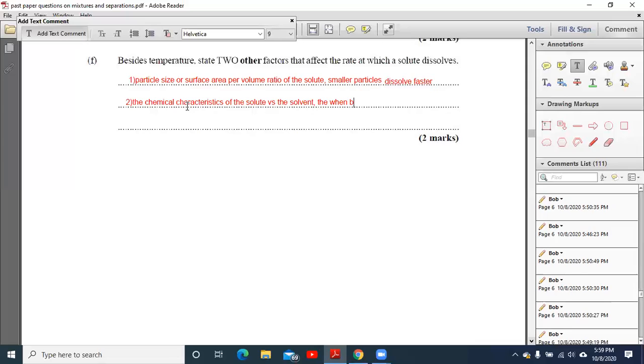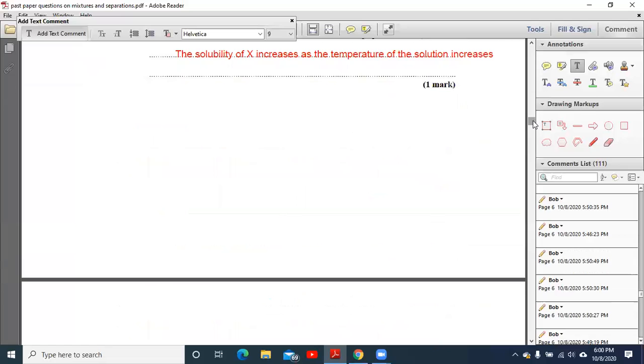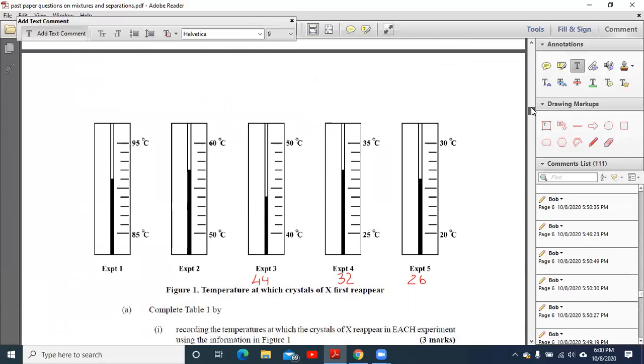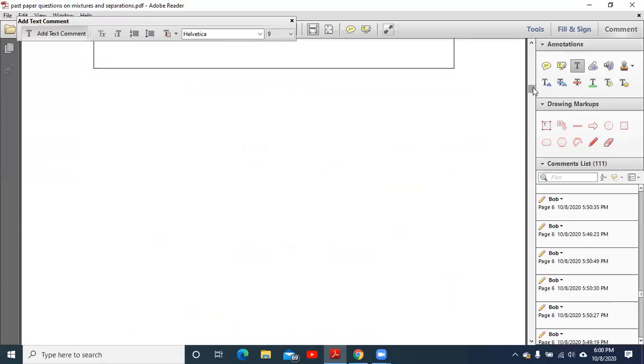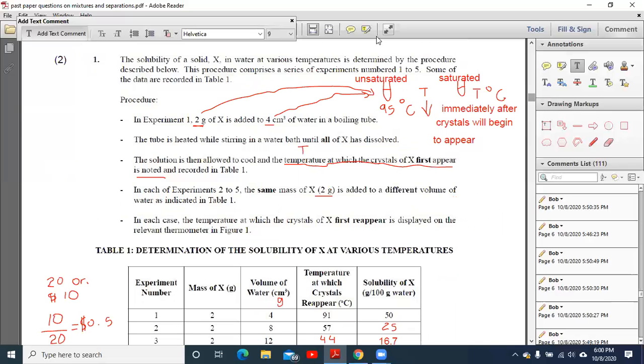When both solute and solvent are polar, the solute will dissolve faster. I hope everyone understood the past paper. That is the end of this question.